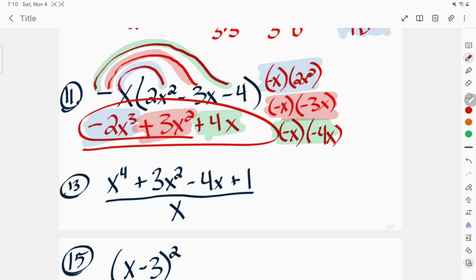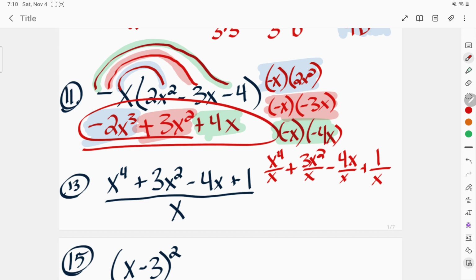Okay, so then when you're dividing them, all you do is you just say that that x is under every one of those. So x to the 4th over x plus 3x squared over x minus 4x over x plus 1 over x.